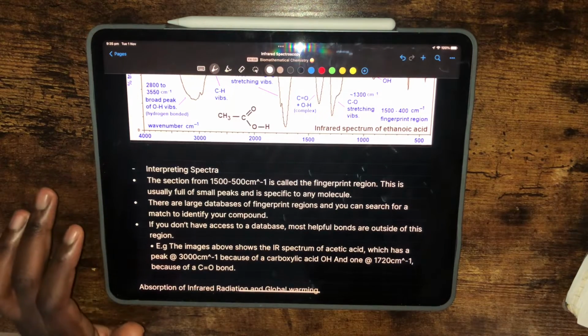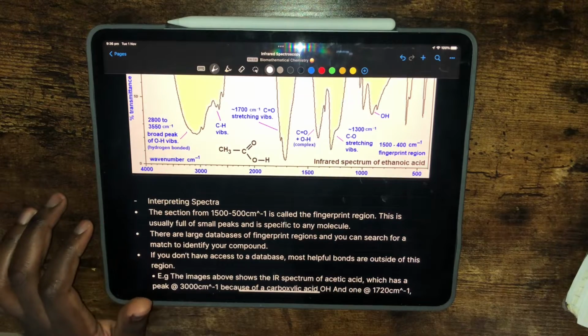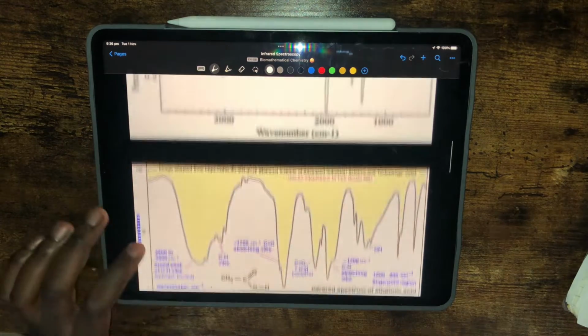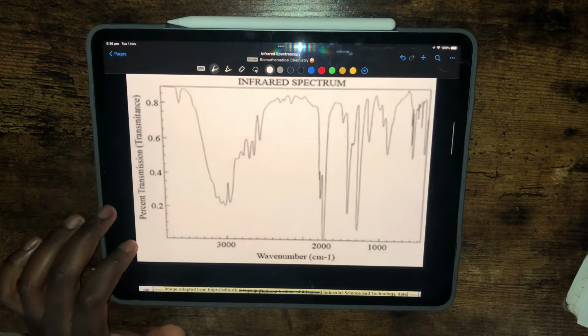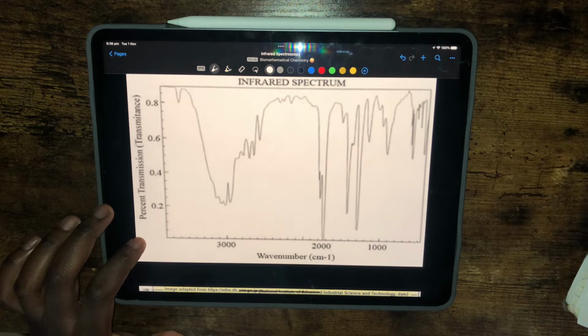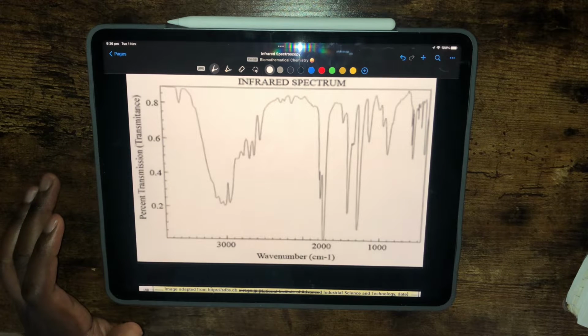For example, the previous image I showed, acetic acid, has a peak at 3000 because of the carboxylic OH, and one at 1720 because of the carbonyl bond.